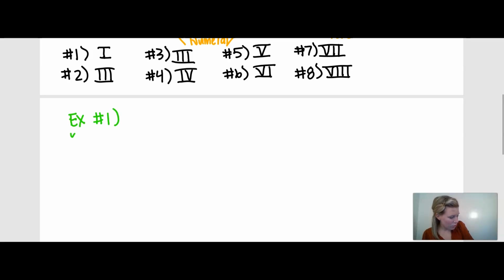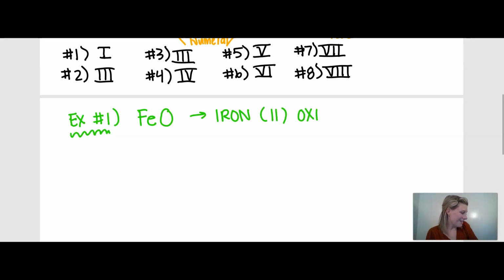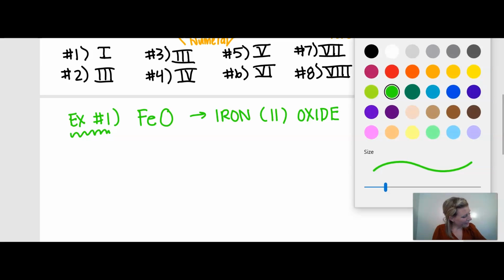Okay, given this formula, we have FeO. Okay, the name of this substance is iron 2 oxide.